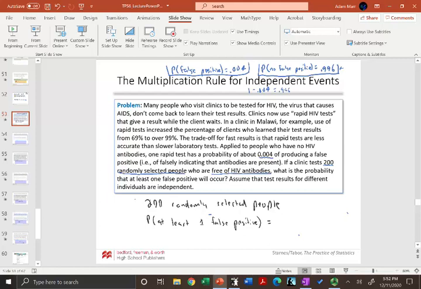Remember, at least one: we're going to say 1 minus the probability that no false positives occur among these 200 people.